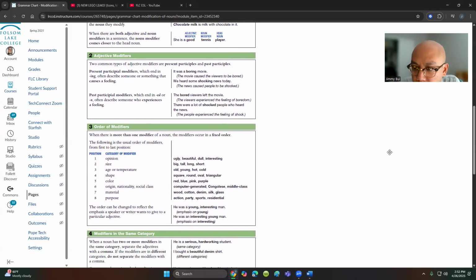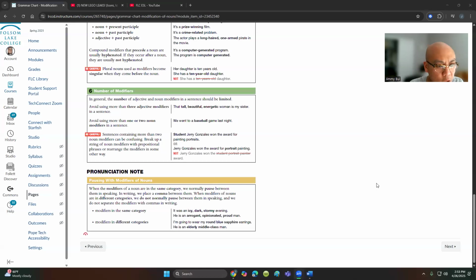Just one second. So as far as the pausing and use of commas here, the last category. So when the modifiers are in the same category, we normally pause, meaning the use of commas, right? And so commas represent a pause.